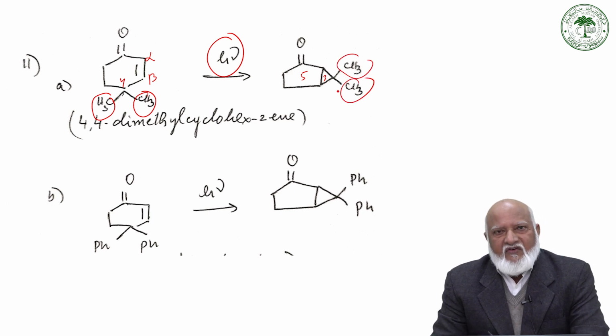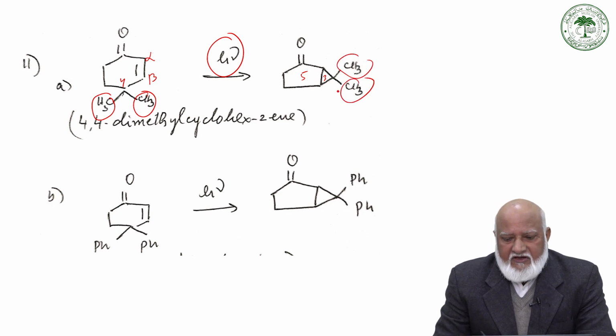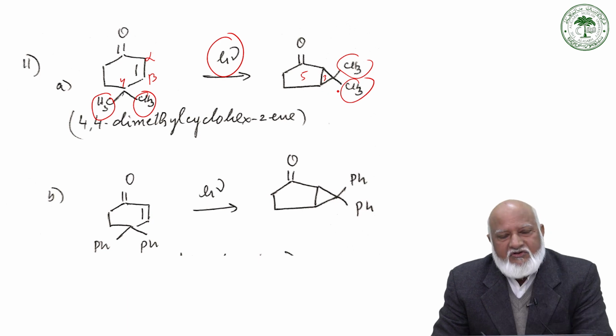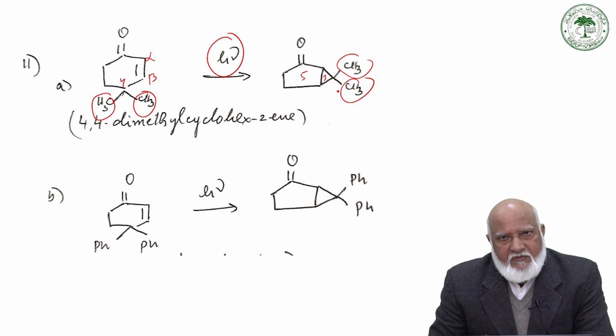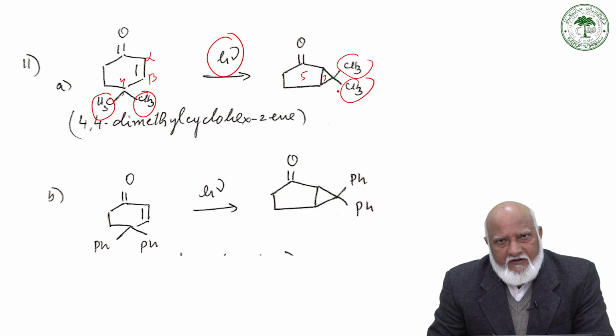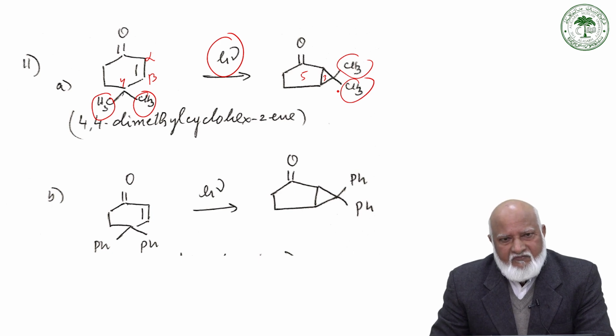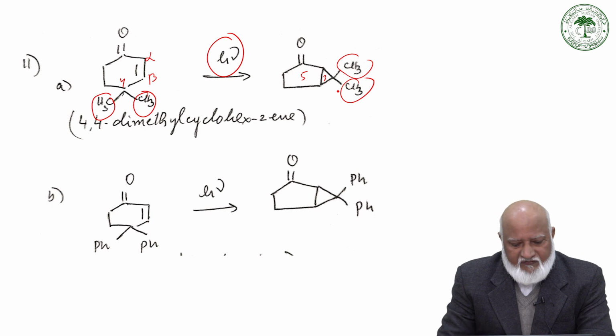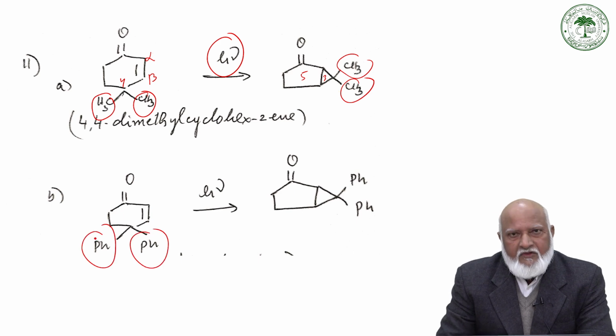This looks very interesting because a 3-membered ring is constructed, and the construction of a highly strained system such as a 3-membered ring is not very easy. That is why this rearrangement has attracted a lot of interest, and examples with different substituents have also been observed.